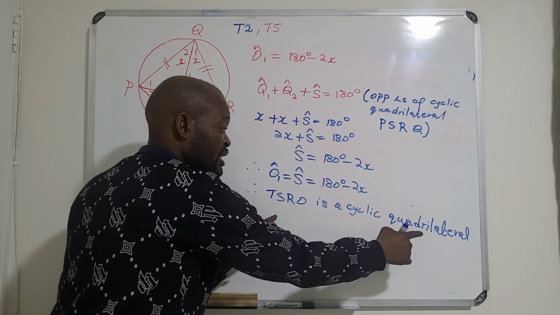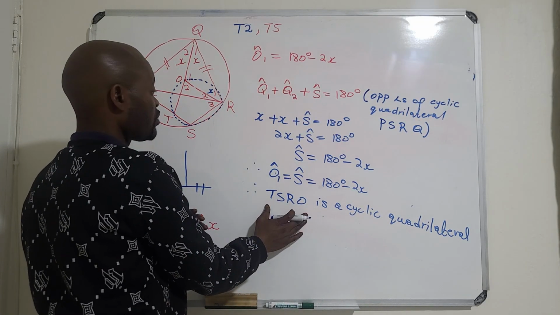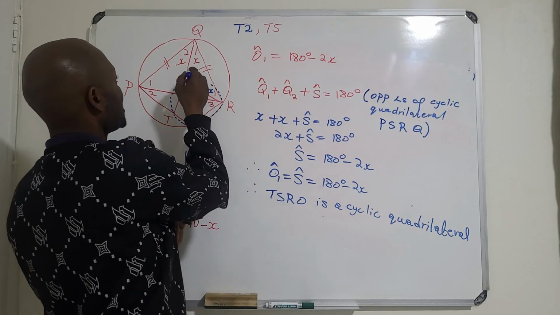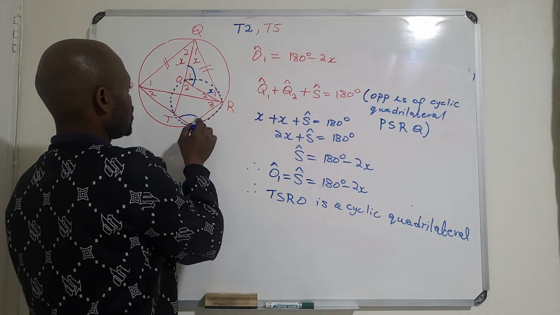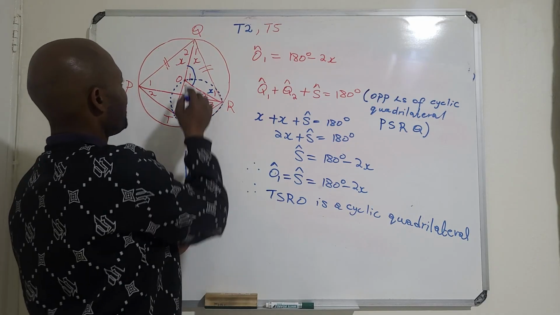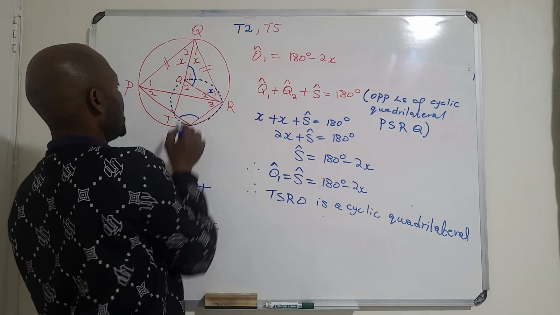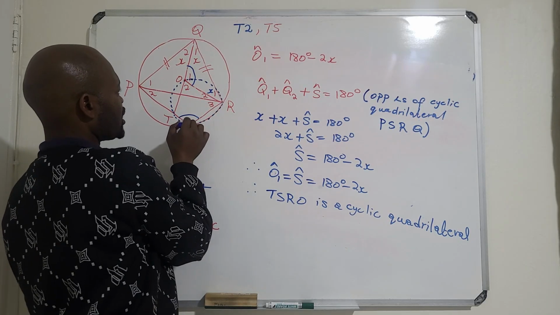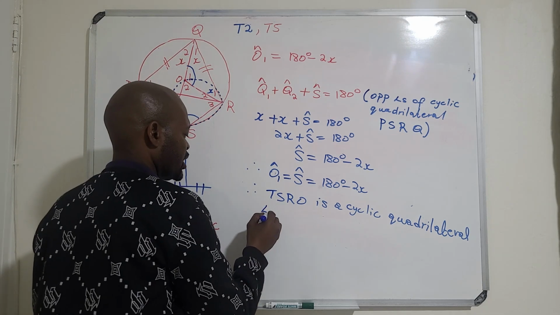Why is that? You must give a reason after we've said that it is a cyclic quadrilateral, because we've just proved that this angle is equal to this angle there. Therefore, exterior angle of a cyclic quad is equal to the opposite interior angle. That's the reason.